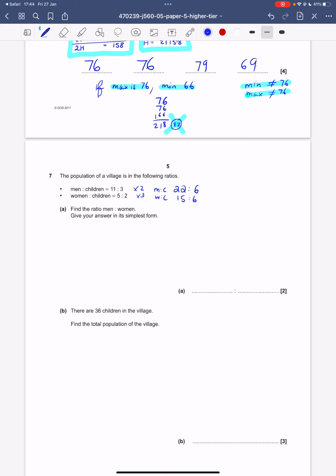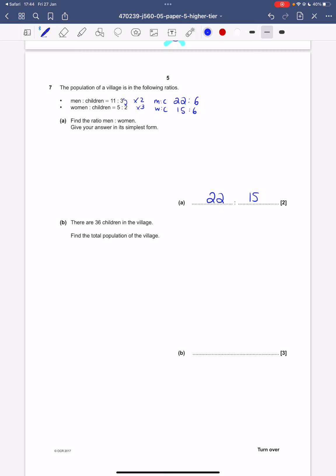So you've got 22 men for every 6 children, and 15 women for every 6 children. So men to women is 22 to 15. Basically, multiply by the opposite.